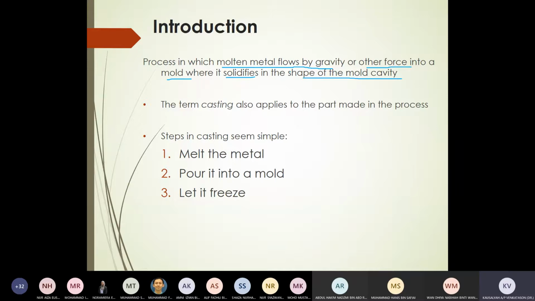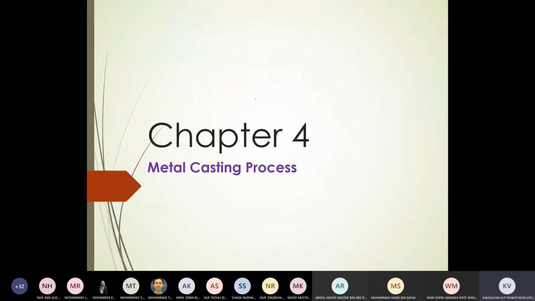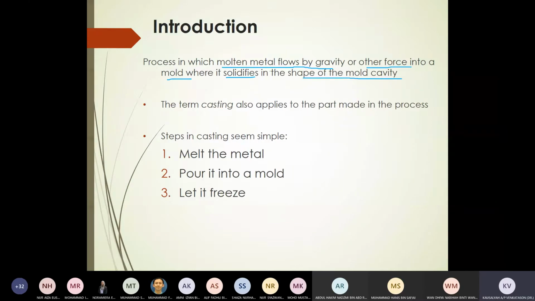This is actually the metal casting process. So we have molten metal, which as you pour, obviously it will be moving according to the gravitational force and other forces, and then it enters the mold, it solidifies and takes that mold cavity.